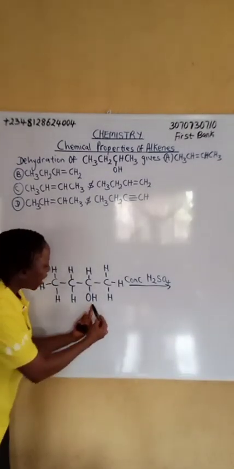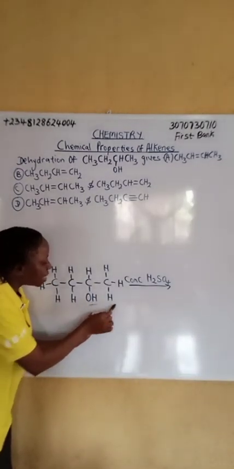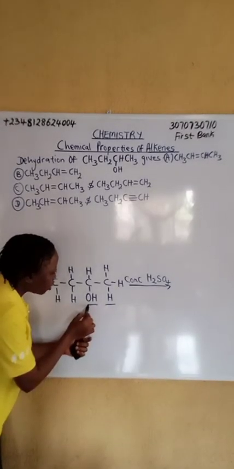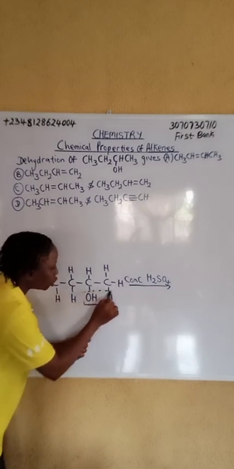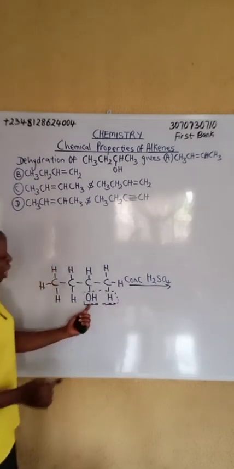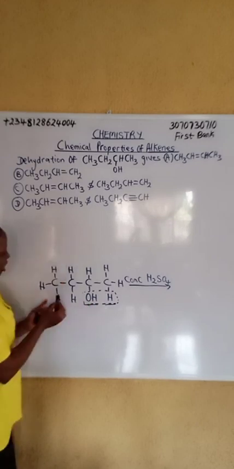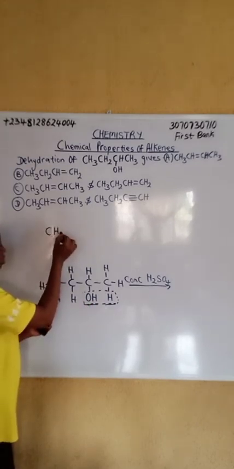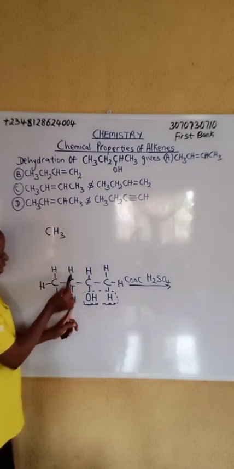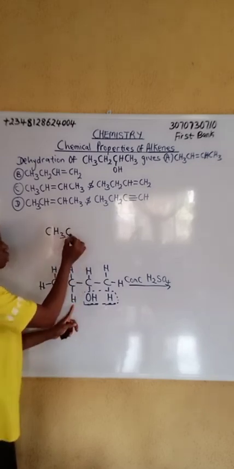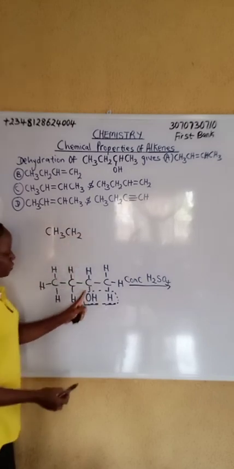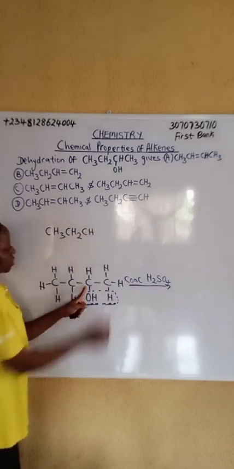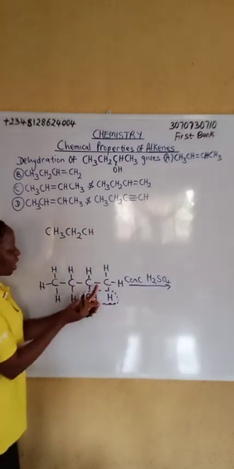Why? Because if I like, I can first remove this hydroxy group and this hydrogen. So what we are going to have is CH3, my first product, then followed by CH2, then followed by CH. Something is happening here.